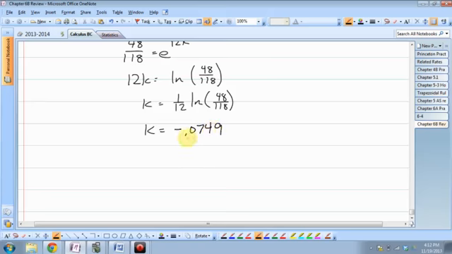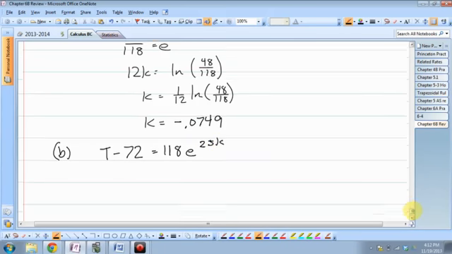What is the temperature at 25 minutes? So temperature minus 72 equals 118 e to the 25k. And that's ready to solve right there.